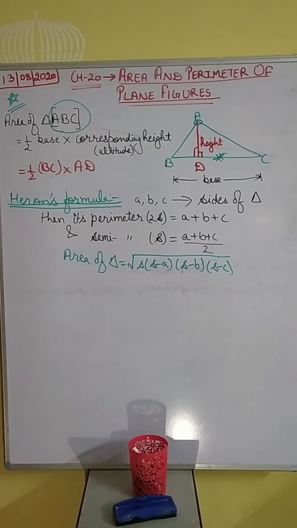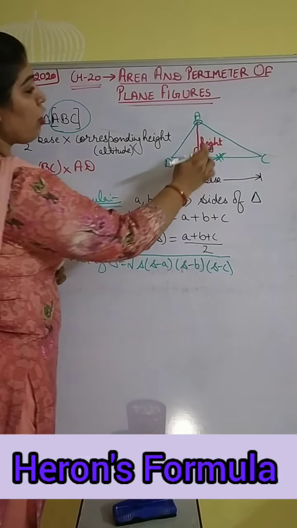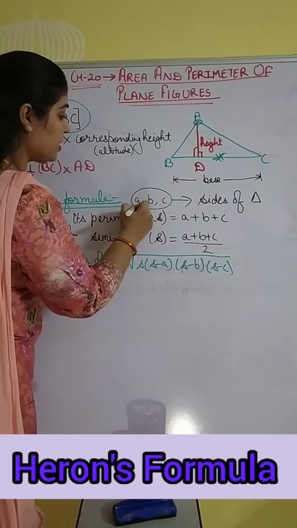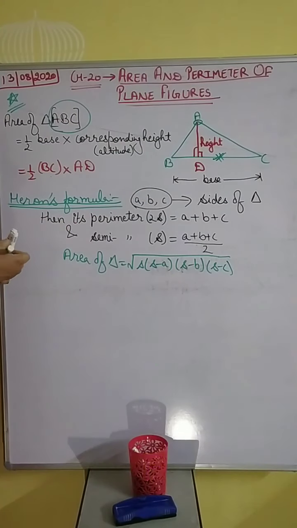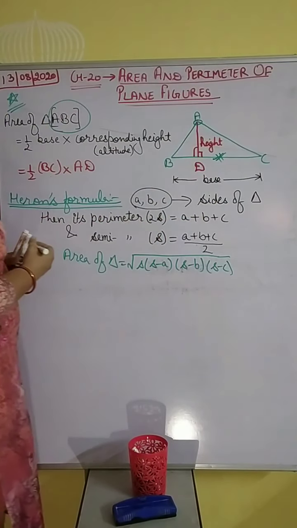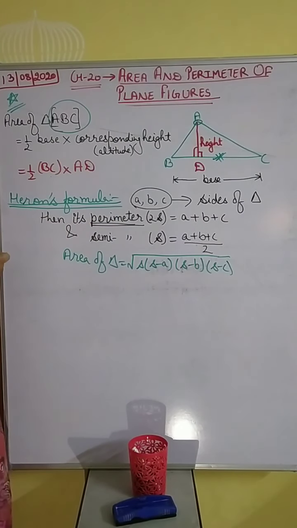Okay, come to the next one. One more formula is there to calculate the area of triangle. This is Heron's formula. Let us suppose this triangle ABC, I am having three sides a, b, c. In the case of Heron's formula, if a, b, c are the sides of the triangle, then we know by the definition of perimeter, this is sum of all the sides.